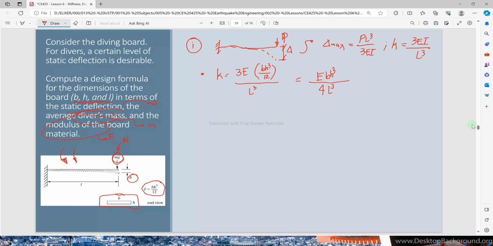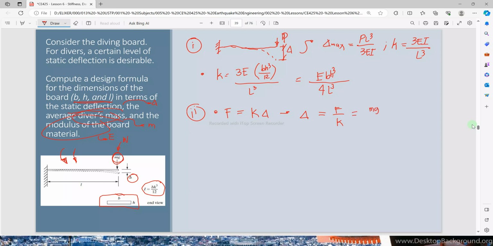Next, the relationship. So we have a diver here with a force P, and we know that by Hooke's law, F is equal to the stiffness times the deflection. Let me show it in terms of deflection. So the deflection is equal to F over K, and the force acting here is the weight.